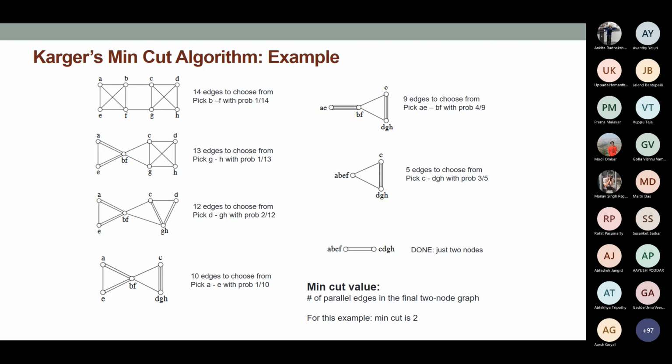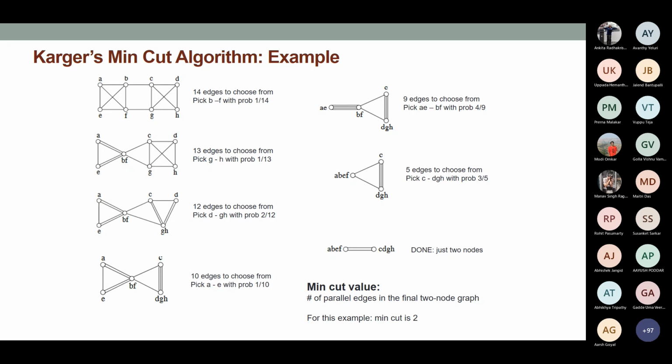So the fundamental idea in this algorithm is that you are going to choose a particular edge with the associated probability. If the probability is very high, then it is highly likely that you are going to choose that particular edge.